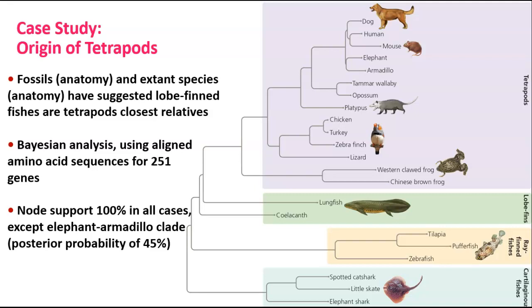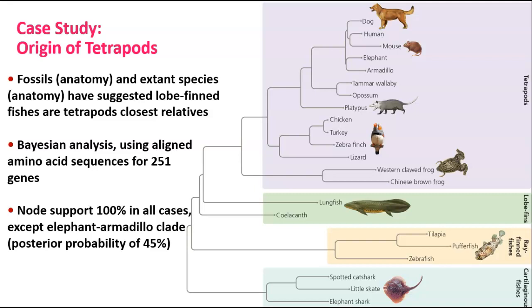So one thing to draw out of this is that, yes, indeed, just like the anatomical data suggest, the lungfish is the closest living fish relative to us tetrapods, followed by the coelacanth. So there is consistency there between what the anatomy is telling us and what this genetic data is telling us.